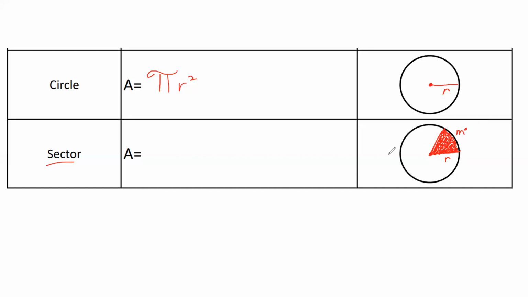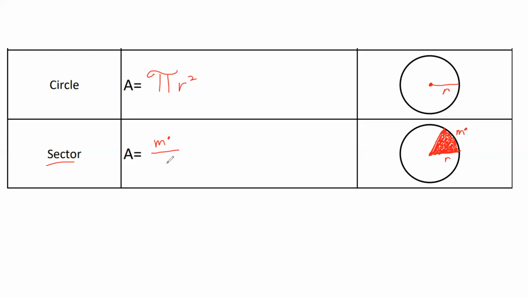Now, when you are doing your formula for area of a sector, it is just like what we did for our arc length formula. We're going to take the fraction of the circle that we're using. So how many degrees are in a circle? 360. So we have the measure of either the arc or the central angle. Doesn't matter which one you call it, because that's the same thing.